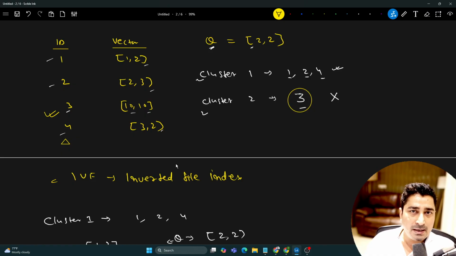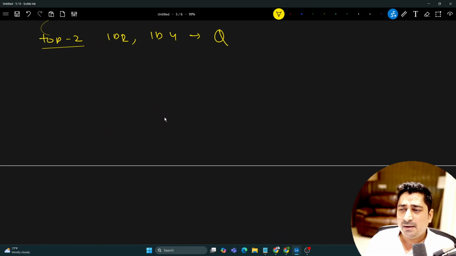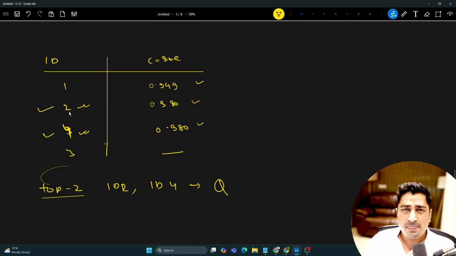Here we had 4 data in total, but we compare with only 3, since the fourth is in a different cluster. That is the advantage of indexing.